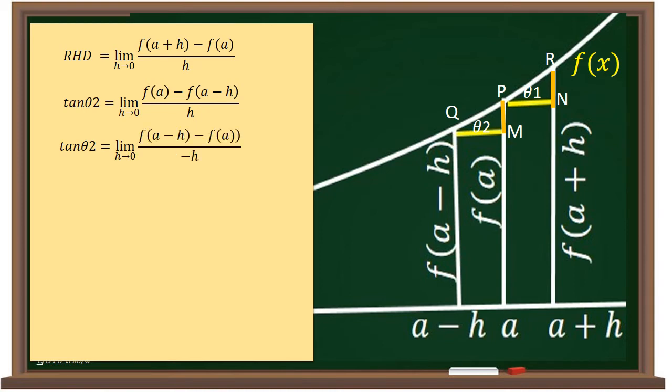So I took a minus common and wrote it similar to RHD. So the LHD of f(x) at x equal to a is denoted by f dash a minus. So this is limit h tends to 0 of f(a minus h) minus f(a) divided by minus h.